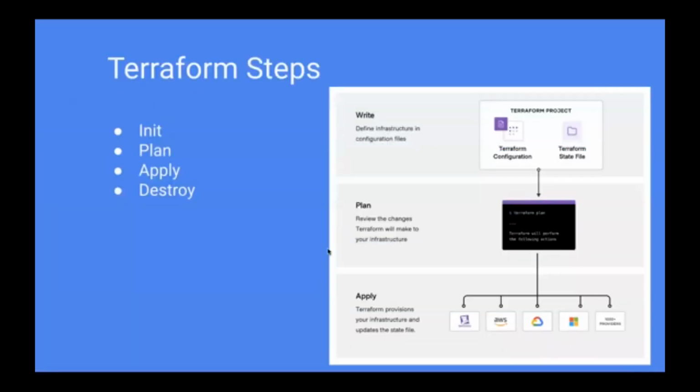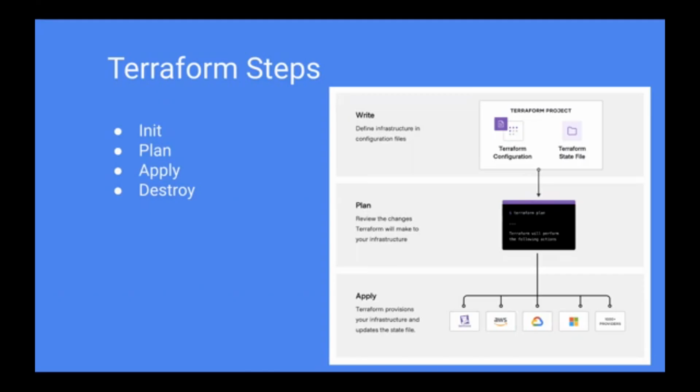Moving forward from here, Terraform basically has 4 major steps. One is init, that is to initialize Terraform in your working directory. Then you have to run the Terraform plan command, then Terraform apply. Terraform apply will deploy all your infrastructure over the cloud platform.